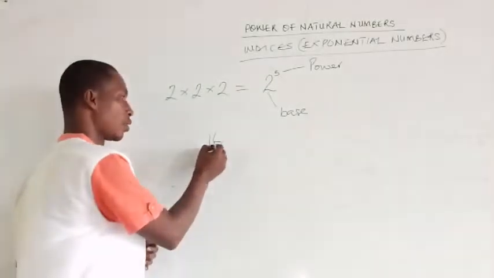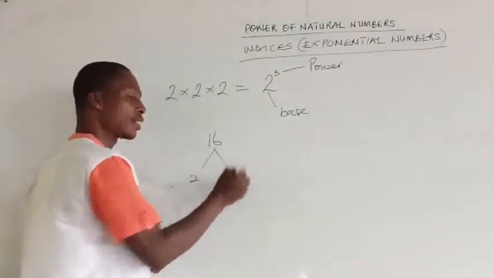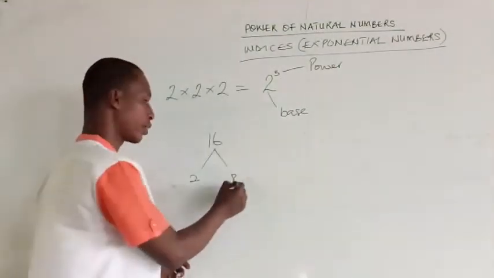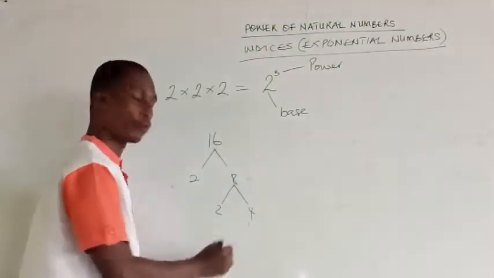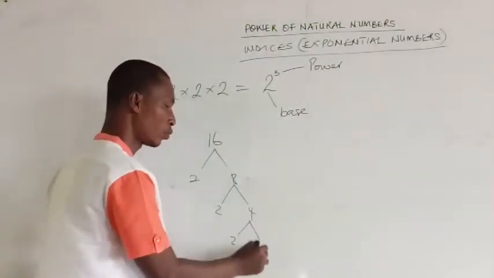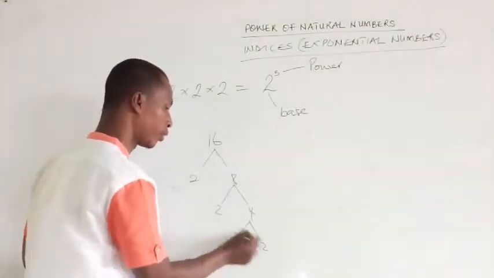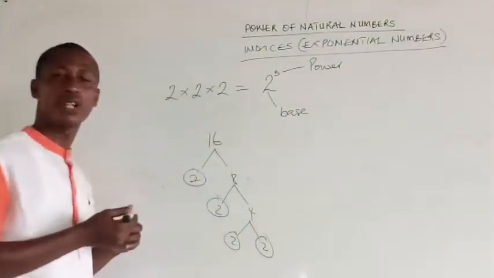So, first, 2 goes into 16 8 times. Then, 2 goes into 8 4 times. 2 goes into 4 2 times. So, in this case, we've got 1, 2, 3, 4.